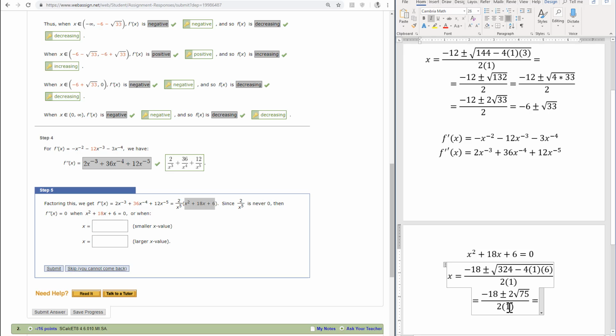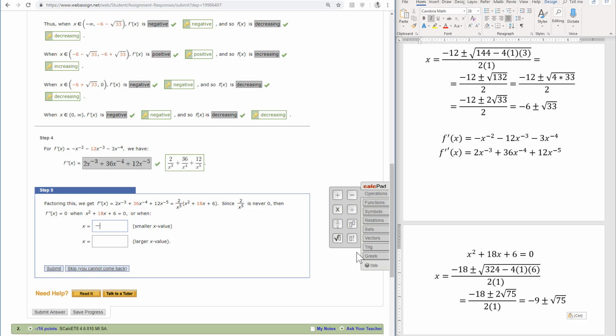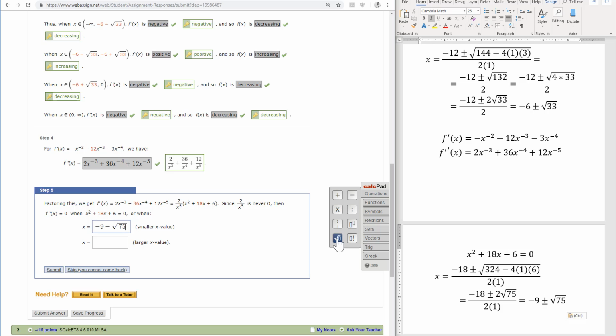We have 18 divided by 2 is 9. That's a negative 9, plus or minus the square root of 75, because you can cancel the 2's. So that looks like our values. Minus 9. The smaller value would probably be the one with a negative. And then minus 9 plus square root of 75.